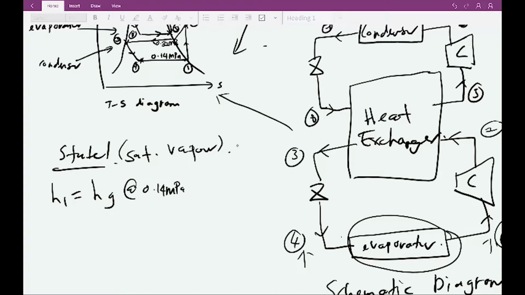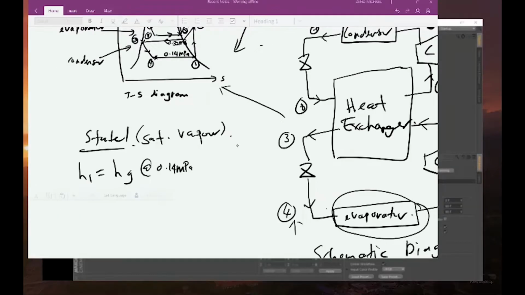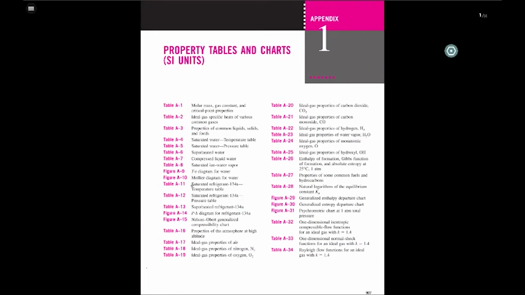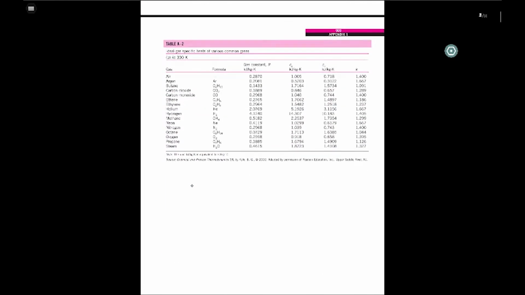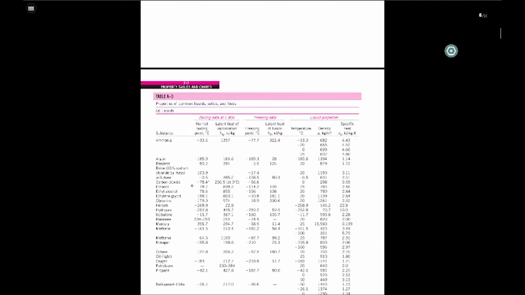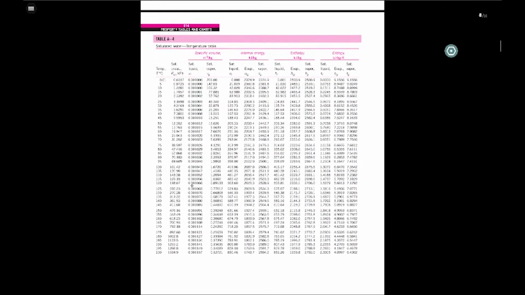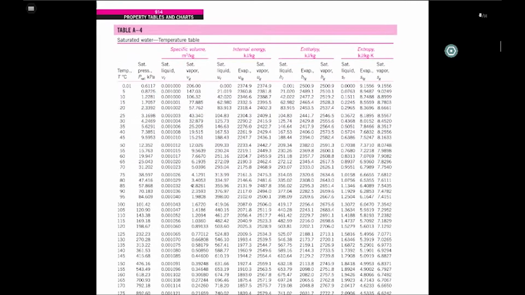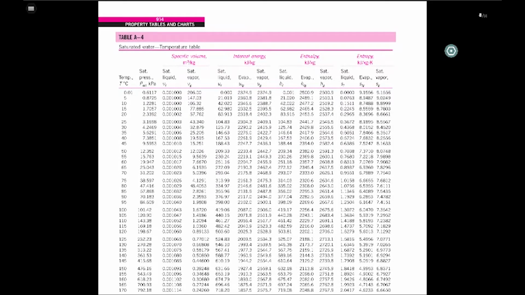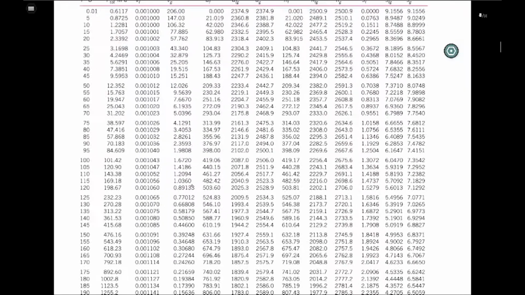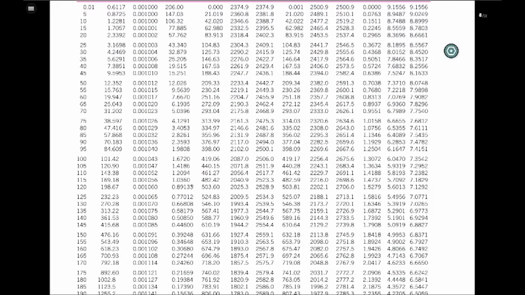So we need to go to your property tables. Let's check out your property tables here. We need to look at the saturated table. This should be 0.14 MPa, equal to 140 kilopascal. But make sure you use saturated refrigerant.